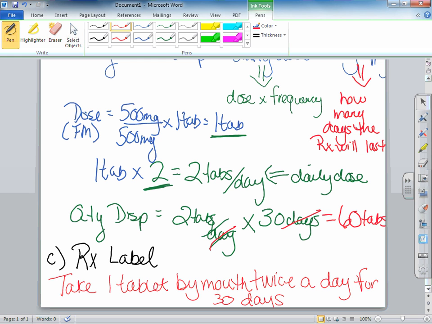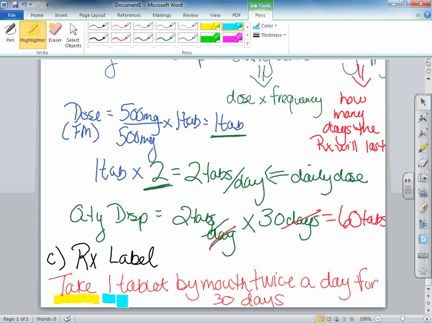So what do I mean by that? You have to provide me the verb. In this case, it's take. The verb is not given to you on the order, but you're going to give that on the prescription label for the patient. You're going to provide the dose. Again, the dose is not on the label, not as far as how many tablets. The dose is 500 milligrams. You're not going to tell the patient to take 500 milligrams.